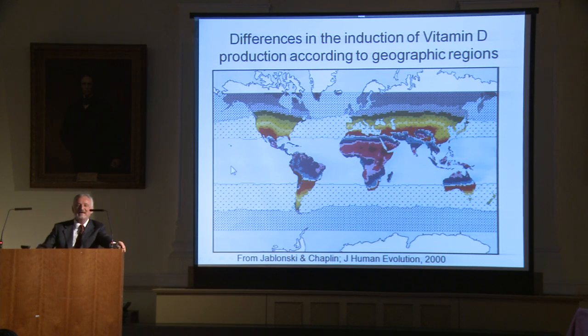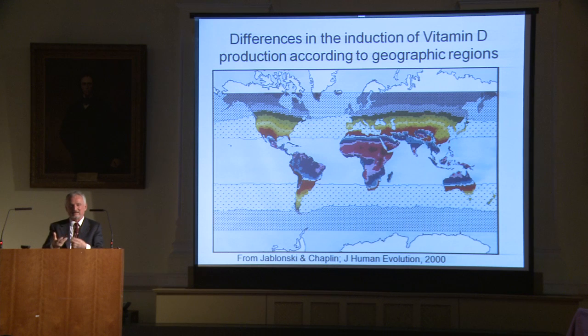In this area, a light or medium light pigmented person would have no problem, 100% of the year enough vitamin D would be produced, whereas the further you go north, you have 1 month in this area, so that would cover Italy, Spain, etc. You have at least 1 month a year where not enough sun exposure is present to produce enough vitamin D. And if you go further up to Ireland or to Scandinavia, you have several months of the year where the UV level is not sufficient to produce adequate amounts of vitamin D.